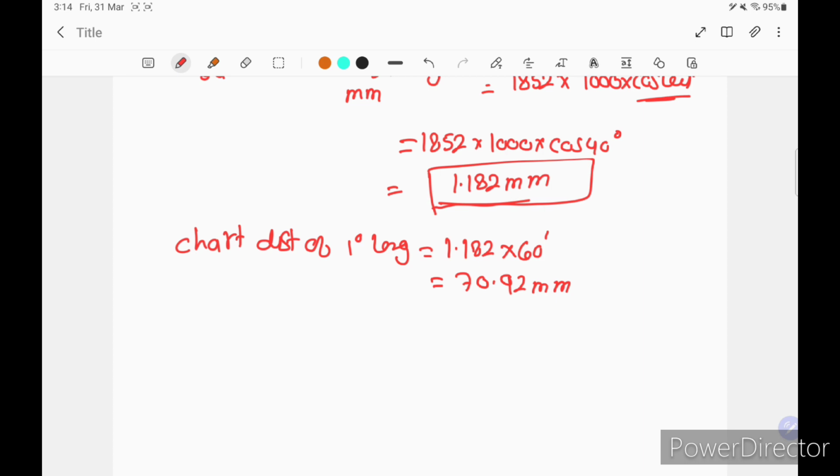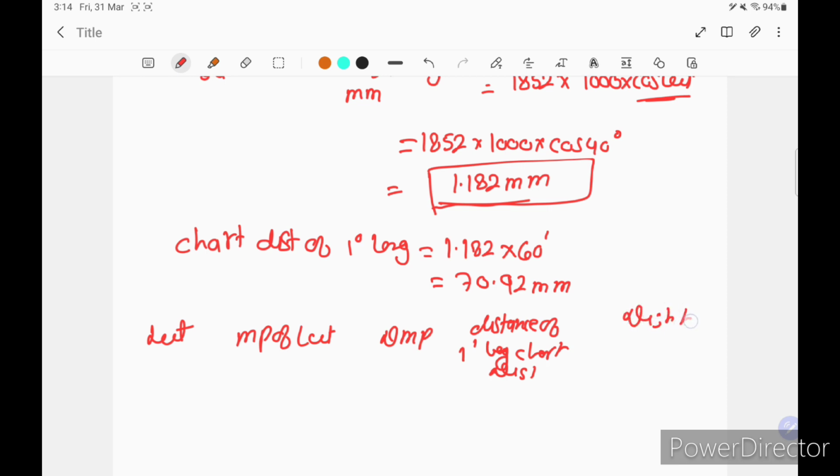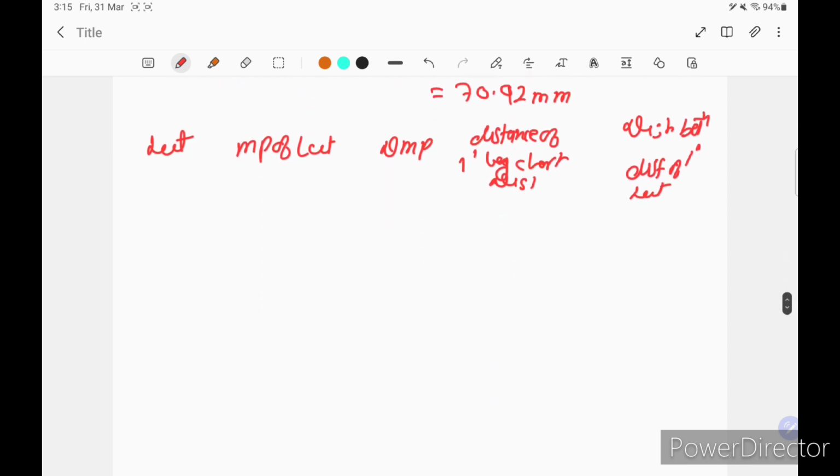Now we have to prepare the table: latitude, MP of latitude, difference of meridional passage, and chart distance of 1 minute into distance between difference of 1 degree latitude. Once you make the table, just put in the values.